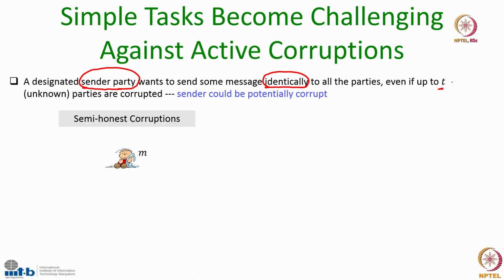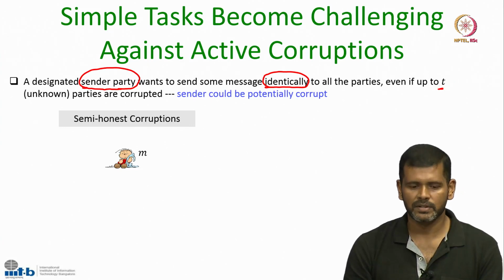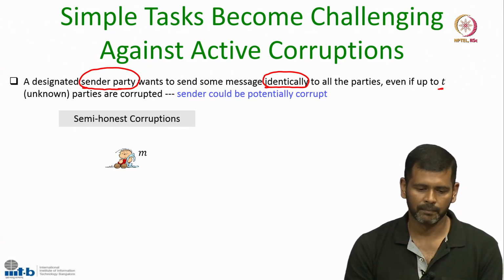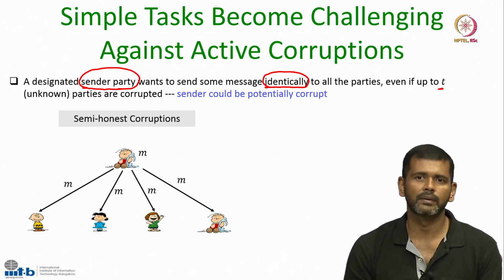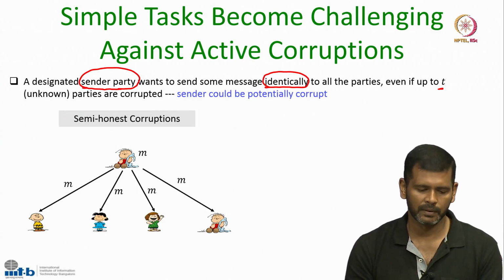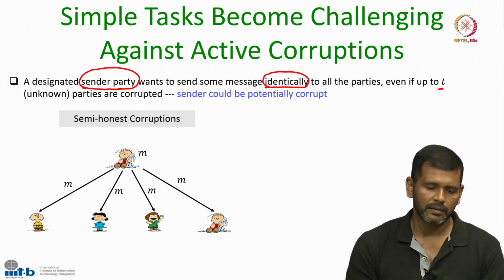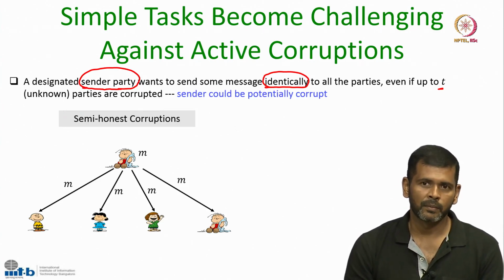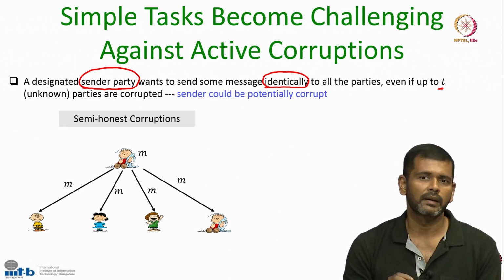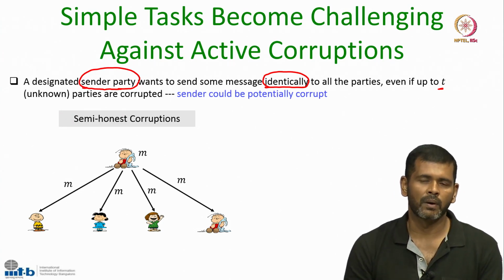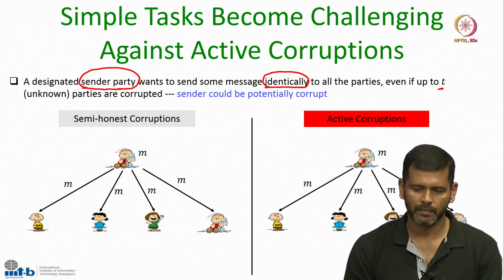Now, if I model the corruption as a semi-honest or passive corruption, then a simple protocol to broadcast a message is to ask the sender to just send its message to everyone. Even if the sender is potentially corrupt, it will not deviate from the protocol instruction, and it will send an identical copy of its message to all the participants.